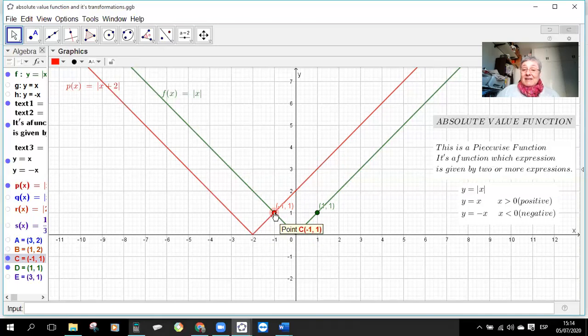The x coordinates of these 2 points, the red, which is a transformed one, and the green, which is a basic one, are 2 units apart in the horizontal sense. So it means that this point here, point D, has been transformed into this point C by moving the full graph of the function 2 units to the left.